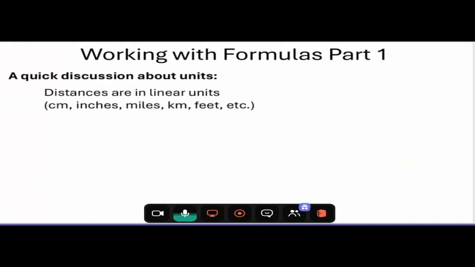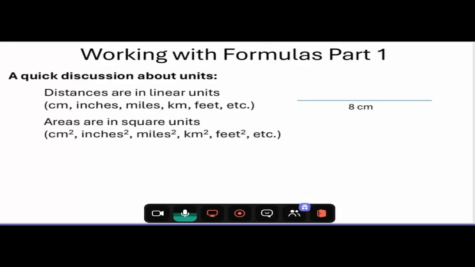Let's talk about units very quickly. If we are measuring distances, they are in what we would call linear units, and we have all kinds of them. You pull out your ruler or your tape measure, and you measure how many centimeters long a line is, or how many inches it is, or miles, or kilometers, or feet, and so on. So there's a line that's maybe 8 centimeters long, like so. When we are talking about area, then we use what are called square units.